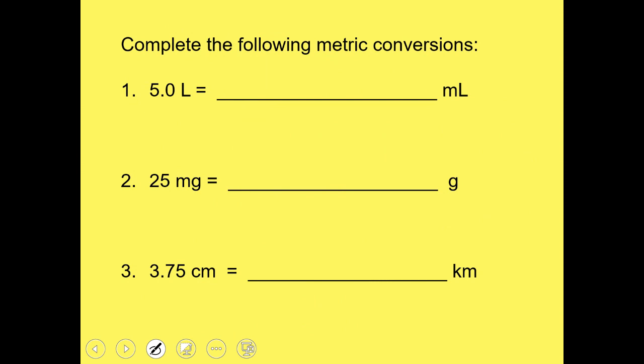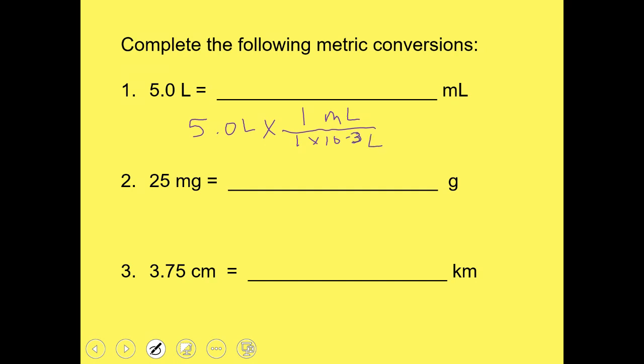So how might you use them to then complete conversions? For example, if I have 5 liters and I want to convert that to milliliters, I know from the previous slide that milli means 1 times 10 to the negative 3 of the base unit.